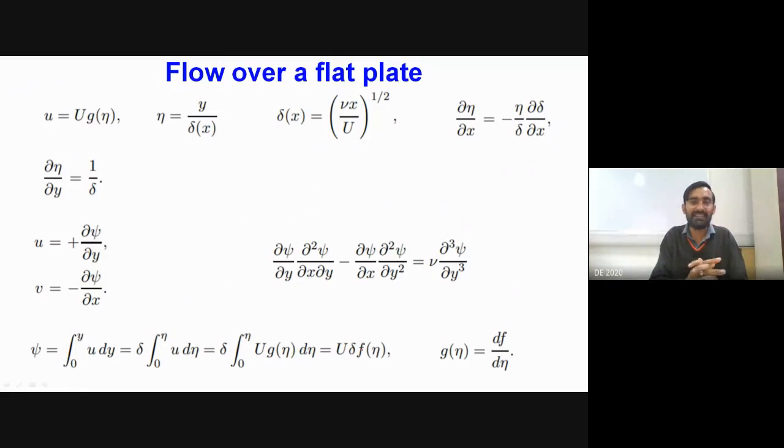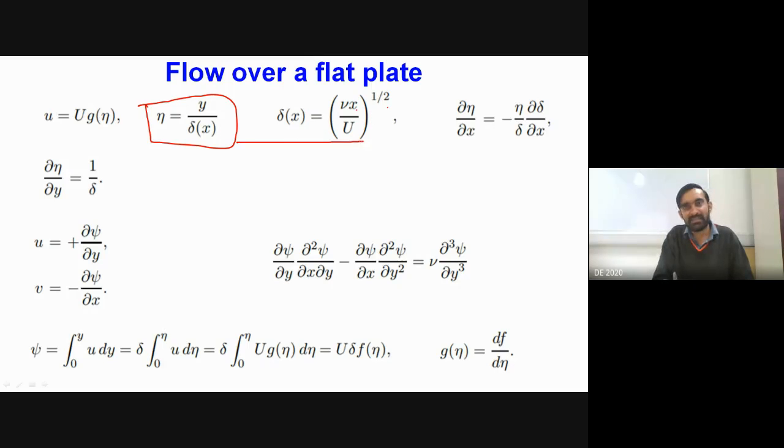So Blasius was a scientist who used one similarity parameter, eta equal to y by delta, where delta is equal to nu x by U raised to the power 1 by 2.